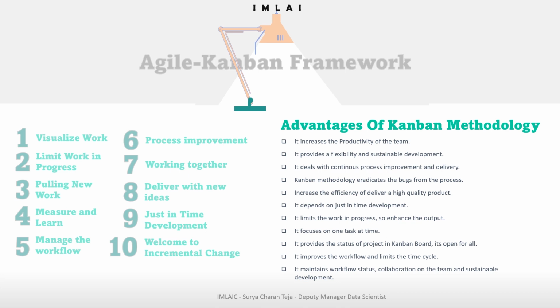So with this, we have seen the principles and gone through the advantages. Now let's move on to the artifact of the Kanban framework, which makes a huge difference when you are working with the Kanban framework in liaison with Agile.